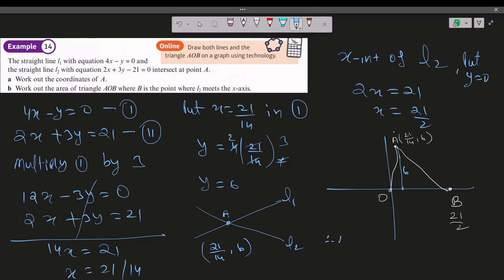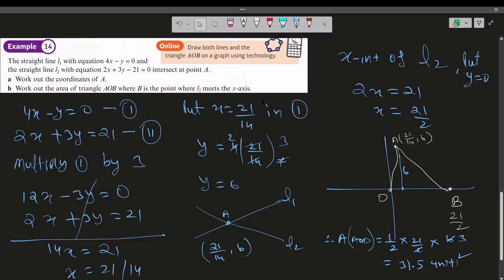Therefore, area of triangle AOB is half into base, the length of base is 21 by 2, into height, height is 6. 2 threes are 6, we can cancel like this. 21 by 2 is 10.5 times 3 is 31.5. We can write 31.5 unit square is the area.